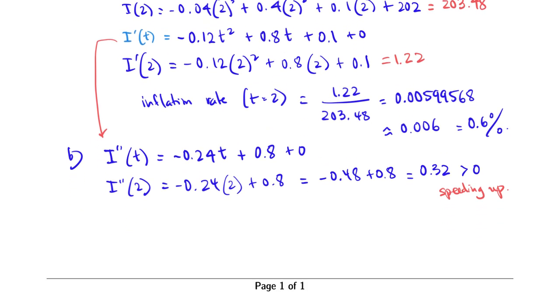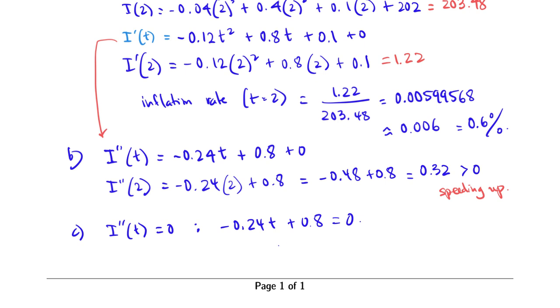And so for part C, we take the second derivative and we set it equal to 0. This means -0.24t plus 0.8 equals 0. And again, the reason why we take the second derivative and set it equal to 0 is because we are answering a question regarding speeding up or slowing down, accelerating or decelerating.